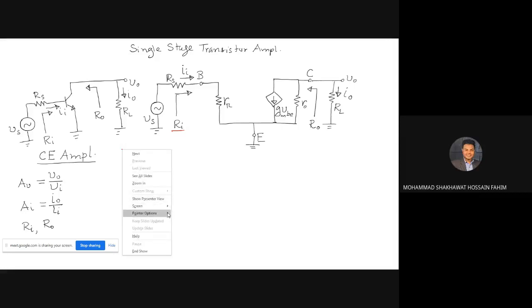Sir, Rs and r-pi in series. What? Sir, Rs plus r-pi. Why Rs? Shouldn't we consider Rs? Why should we consider Rs? Oh, or maybe it is the resistance of the voltage source.